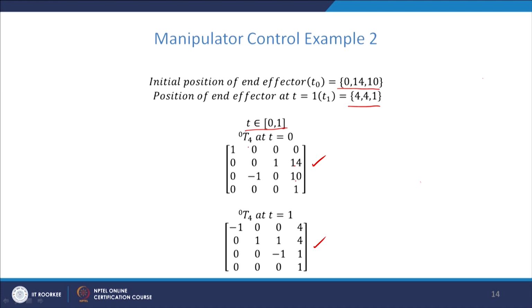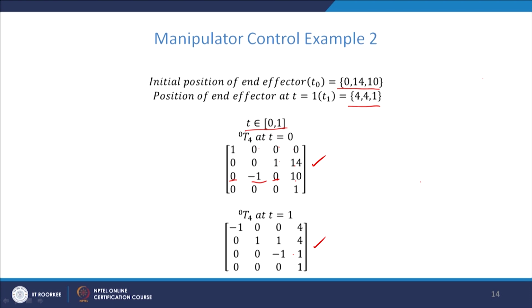This means that the end effector x axis is parallel to the x axis of the base, and the y axis is 0, 0, minus 1, the negative z axis of the base, pointing downwards. The z axis is 0, 1, 0, which means the z axis of the end effector is parallel to the y axis of the base.